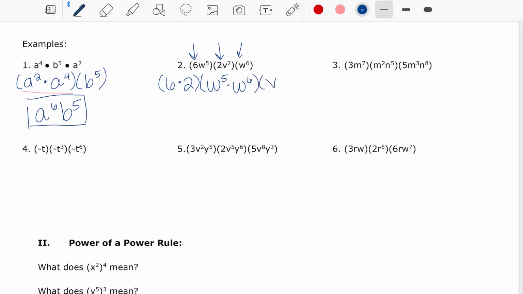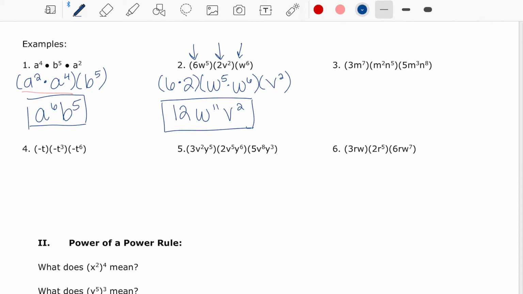And then v squared doesn't have any other friend with it. I know I can simplify 6 times 2, that gives me 12. And then w to the fifth times w to the sixth, because they have the same base, I can add the exponents to get w to the 11th. And then v squared because there were no other v's. This is my simplified answer, so I'm done.